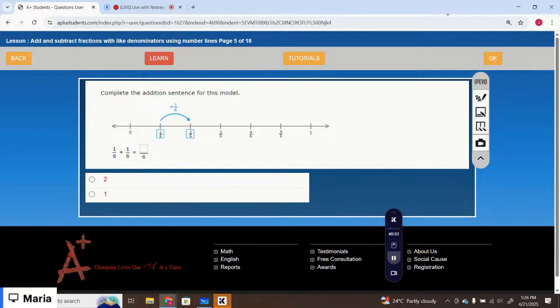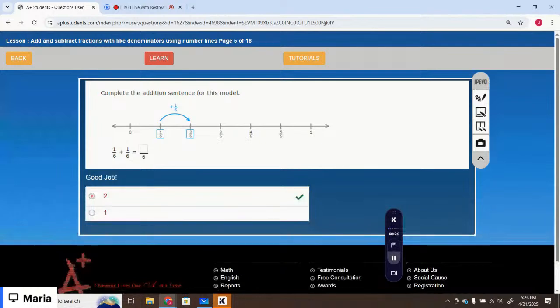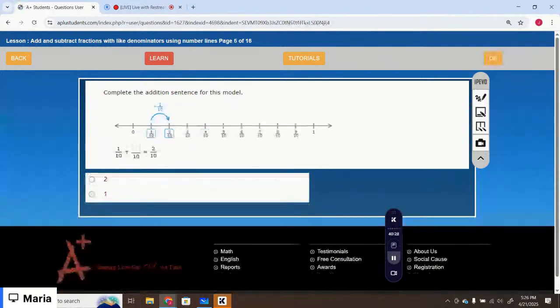Option number 1 is the correct option. Complete the addition sentence for this model. 1 by 10 plus the missing number by 10 equals 2 by 10.